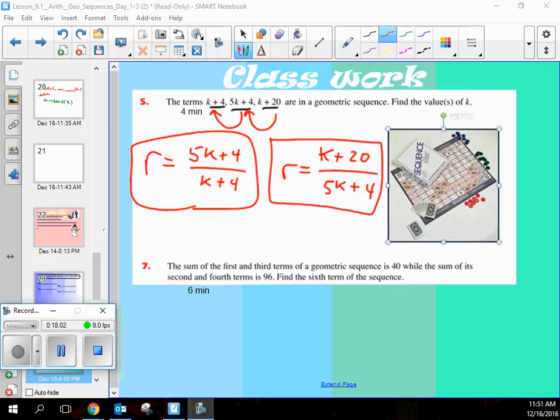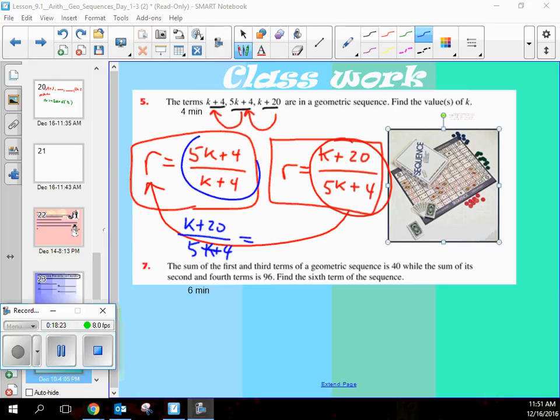So since they're both equal to r, you could put this right here, and then you'll have just one equation that has only k's in it. I'll write it in blue here. It will be k plus 20 over 5k plus 4 will equal 5k plus 4 over k plus 4.